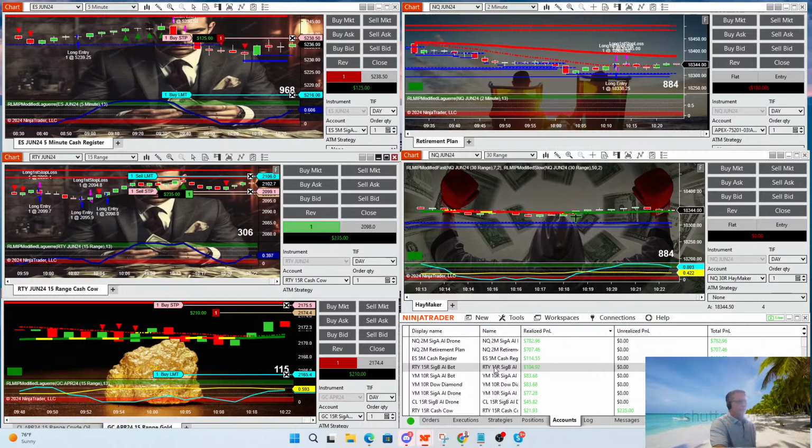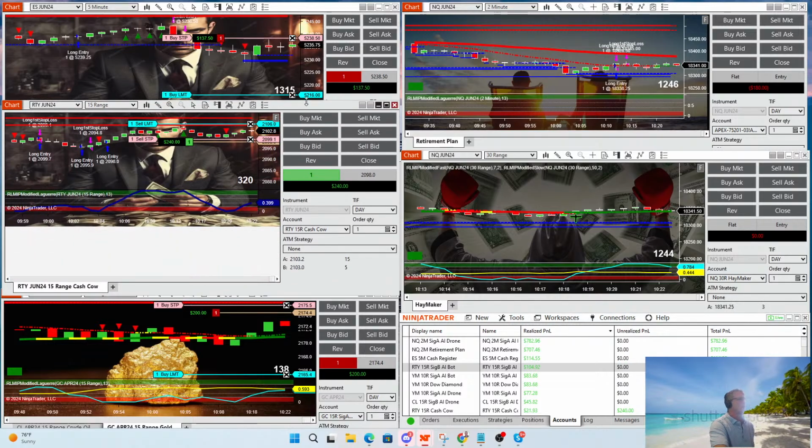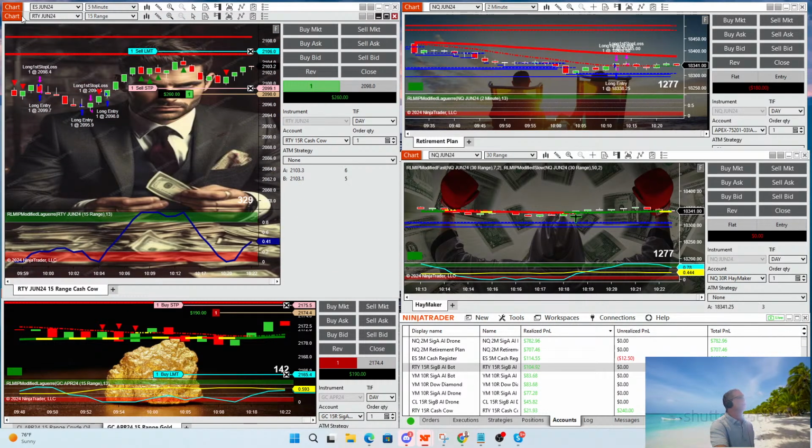So that Russell, Signal B, cash cow. I thought I was looking at the Dow, but I'm actually looking at the Russell.